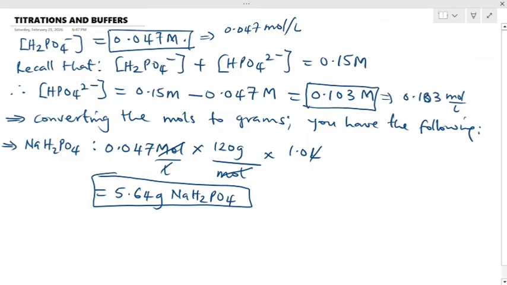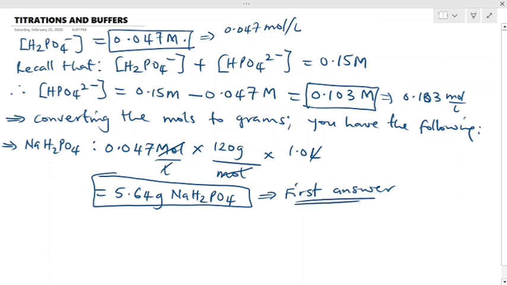All right, so I have 0.047 moles per liter, and the molar mass of sodium dihydrophosphate is 120 grams per mole, in 1 liter of solution. You easily cancel out and multiply, and what you've got is 5.64 grams of sodium dihydrophosphate. So this here gives us our first answer.